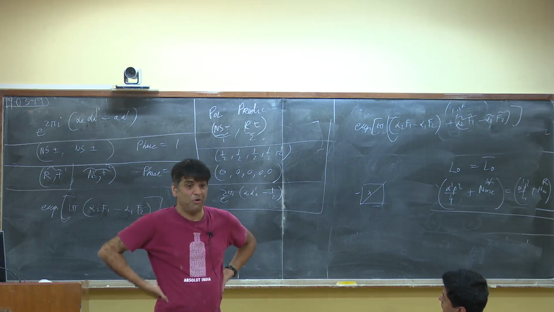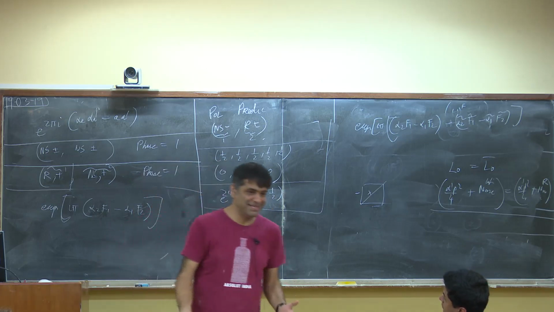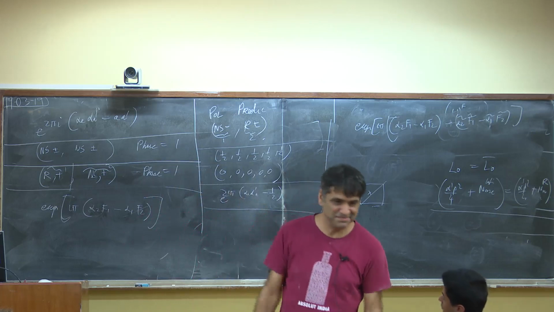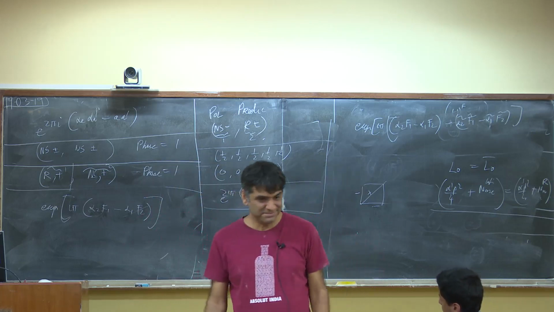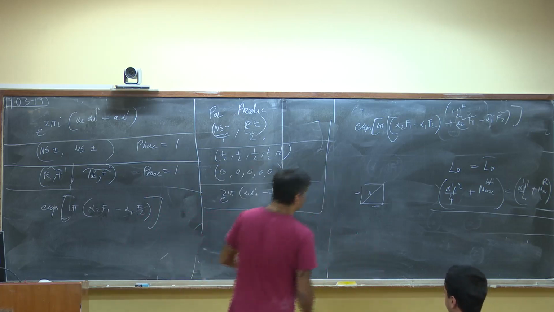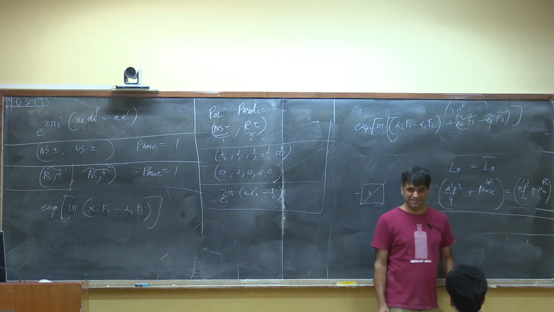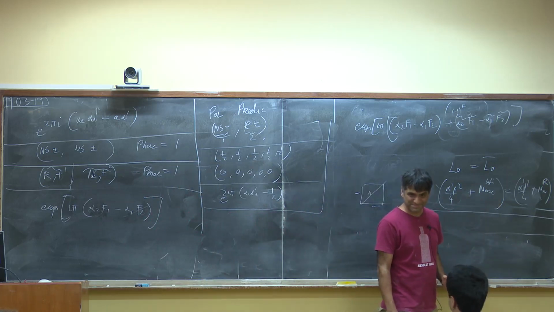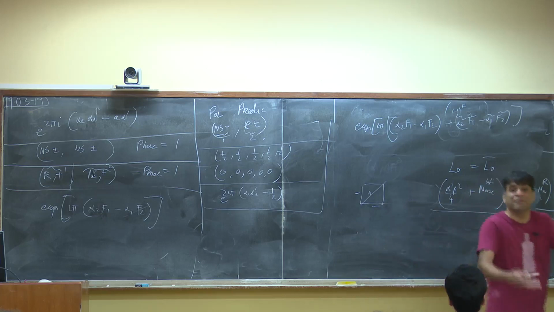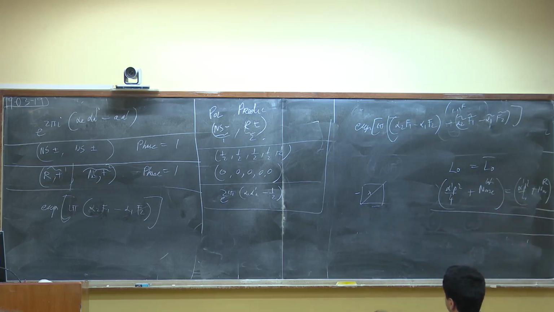Okay, all the oscillators are integers. So if you are in the NS sector and you have an odd number of fermionic oscillators, your level is at half integer.